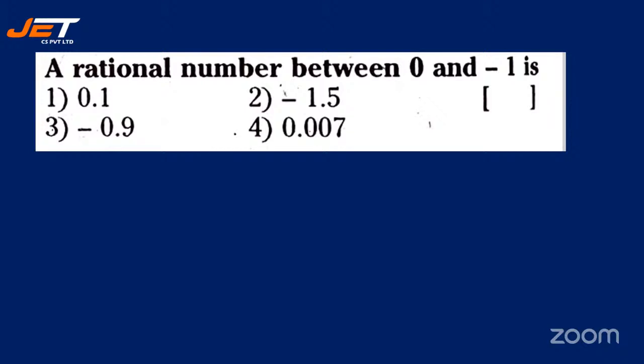Or is it 0.007? Okay, so 0.1, minus 1.5, minus 0.9 or it is 0.007. Let's see the answer. It is minus 0.9.